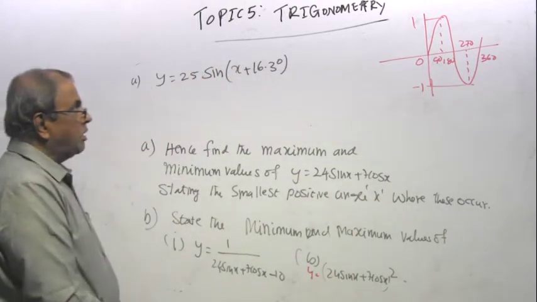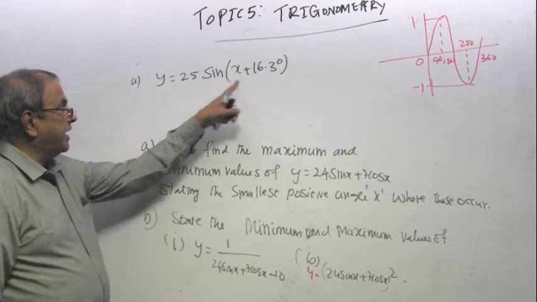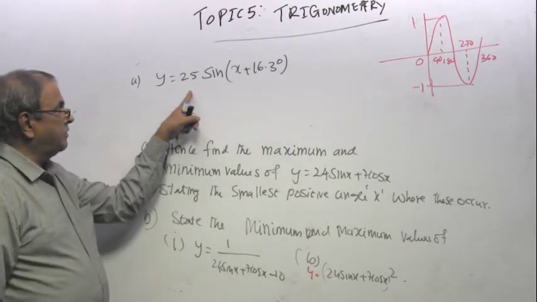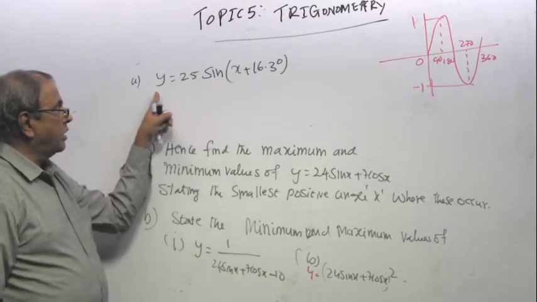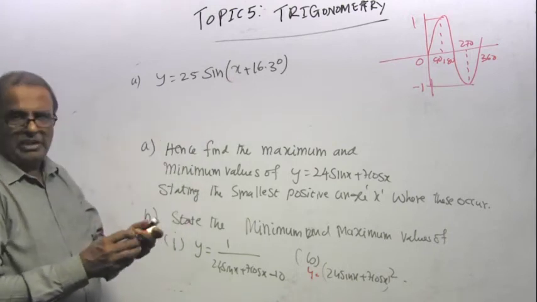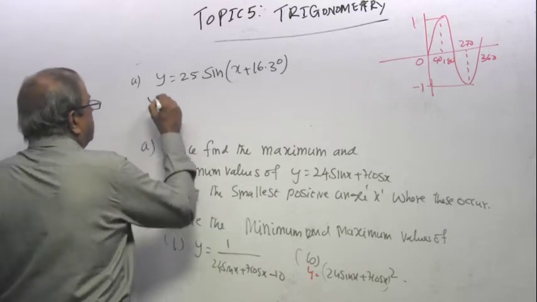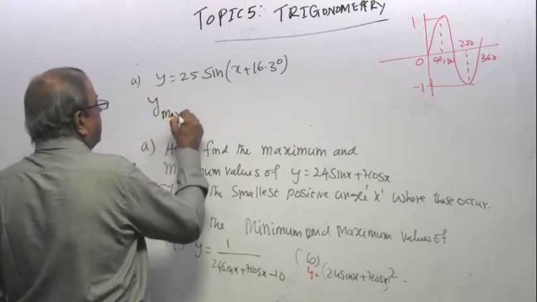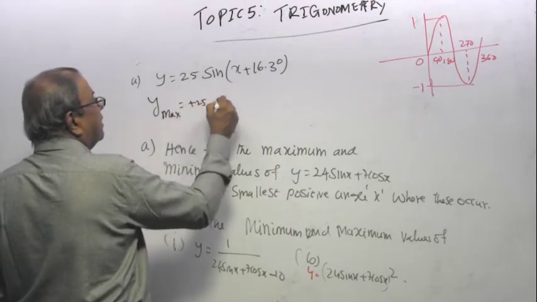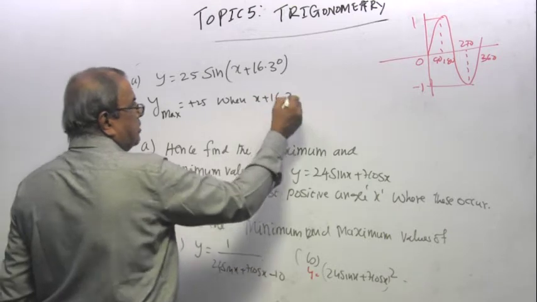So the maximum value of any sine function is 1. When this sine is 1, y becomes 25. When that sine is minus 1, y becomes minus 25. Please don't say plus minus 25, split them. So y max equals plus 25 when sine is maximum.